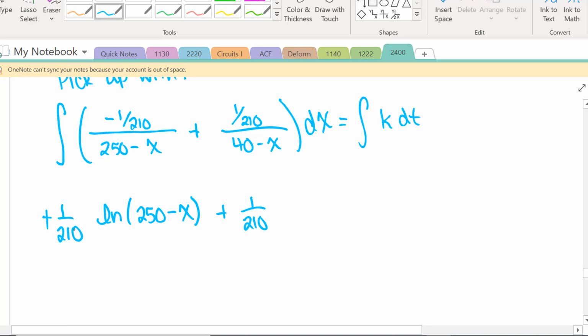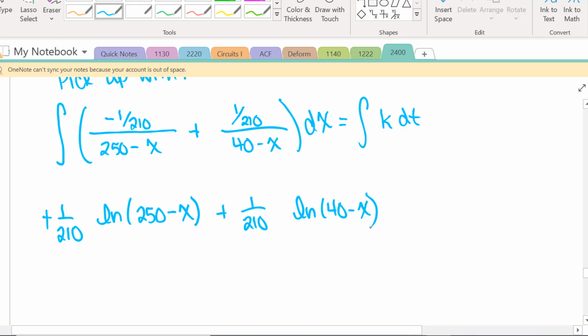Okay, so now if I take the derivative of this expression, I get what I have right above it, right? The 1 over 210 would stay out in front, and then I get 1 over what's in parentheses times negative 1, which would give me the negative 1 over 210. Okay, now similarly for the second term, I would get natural log of 40 minus x, and the biggest x could be is 40, so that will never be negative.